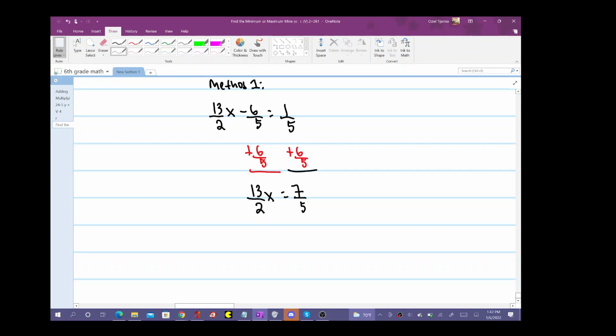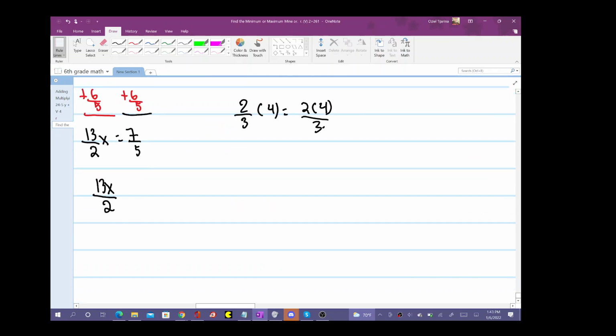Remember that 13 halves x is the same as 13x over 2. For example, if I have a over b times c, this is ac over b. That's an important thing to know. It's like if I say 2/3 times 4, this is really 2 times 4 over 3.